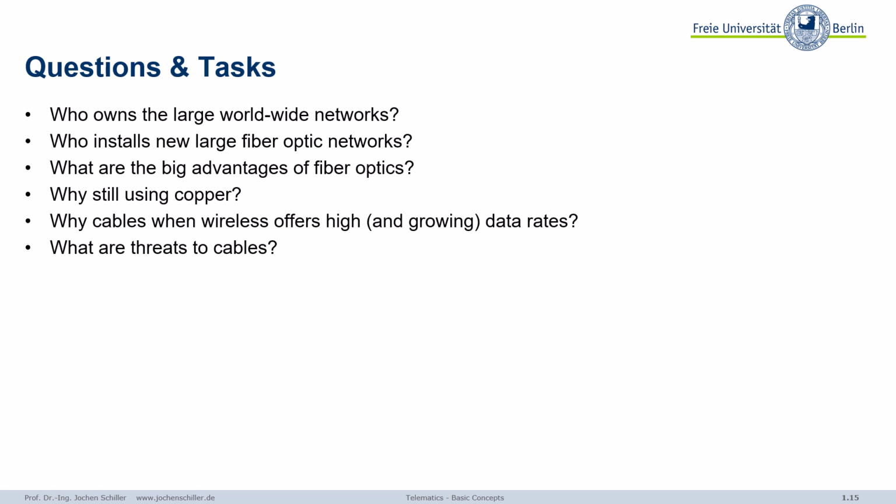And talking about wireless, we quite often see announcements, hey, that's marketing. We have here many gigabits per second wireless link, and that's cool, and we have high data rates, it grows and grows. But why do we still use cables for connection of computer centers, for example? On the other hand, what are typical threats to cables? So maybe different types of threats compared to a wireless network.